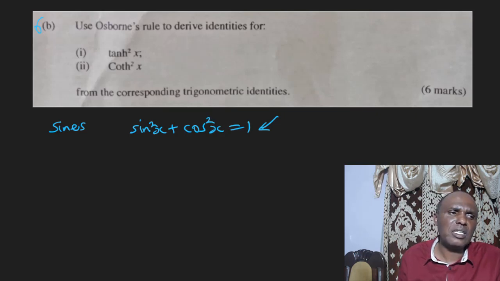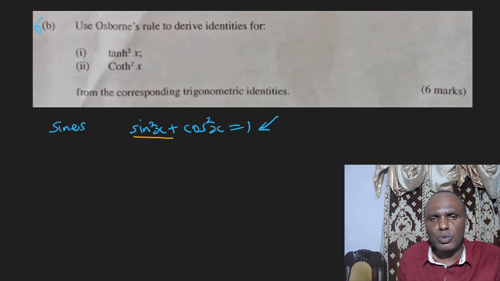It states that the 6 trigonometric ratios used in trigonometric identities relating general angles may be replaced by their corresponding hyperbolic ratios, but the sign of any direct or implied product of two sines must be changed. For example, in this case, we have two sines multiplied together here.